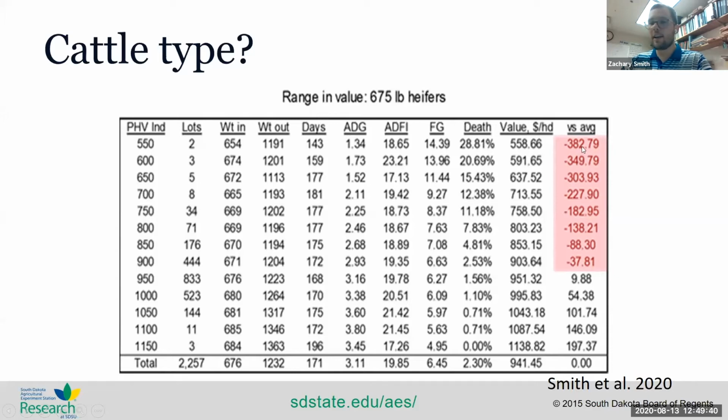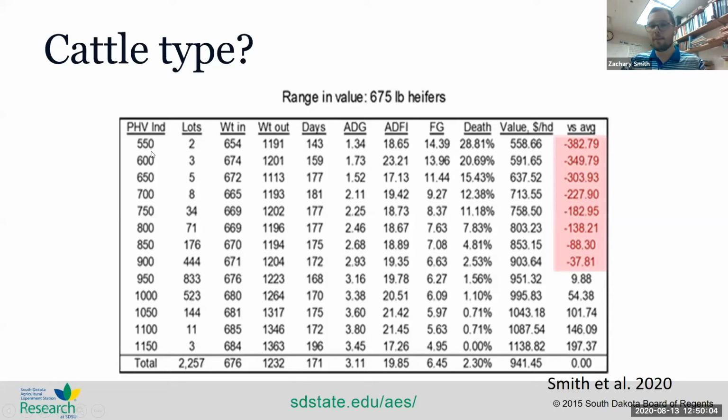Now, what's really interesting here is the value differential between the worst and best lot of cattle. Just think of these as black-hided heifers you don't know anything about. There's a value differential of approximately $600 between the poorest doing lot and the best doing lot. So these aren't unprofitable cattle.